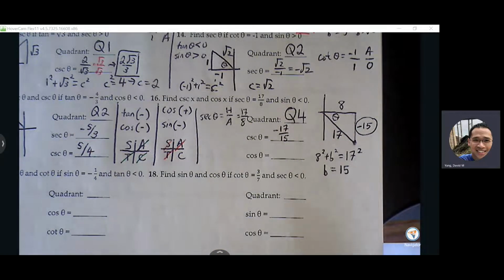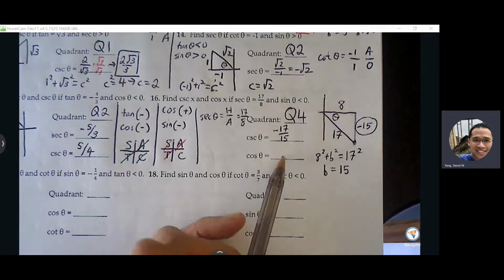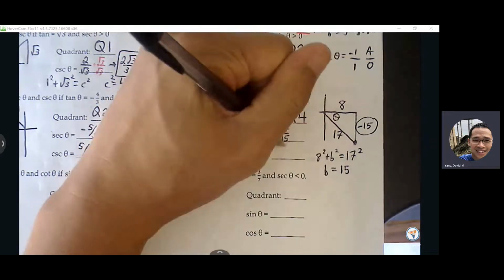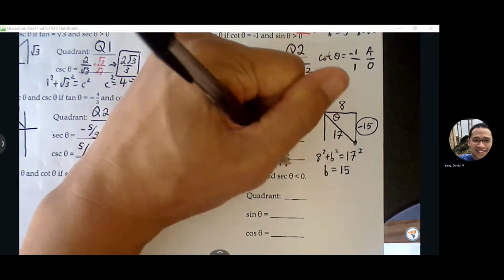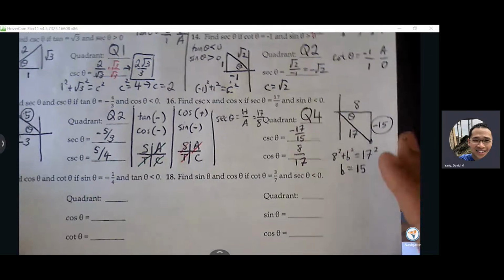Okay, cosine of theta, cosine is adjacent over hypotenuse. It's just going to be the reciprocal of secant, so we can just take those two numbers and flip them. So try 17 and 18.